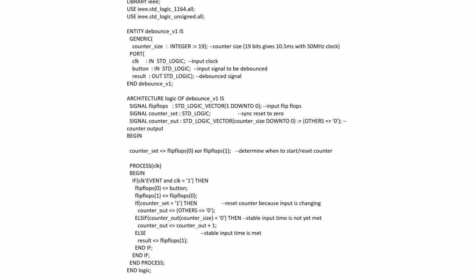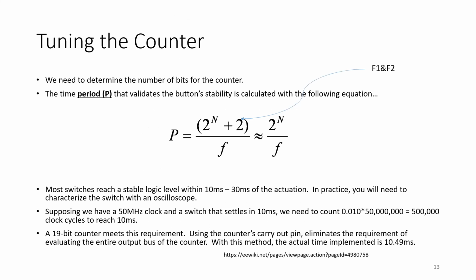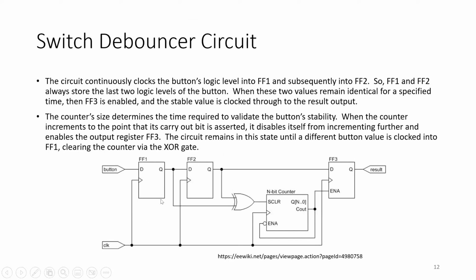This is the program that we'll be doing right now. In this program, we are going to do the same switch debouncing that we spoke about with the 3 flip-flops and the counter. Those are my elements: 3 flip-flops, counter, XOR.